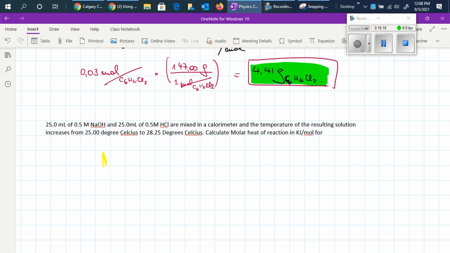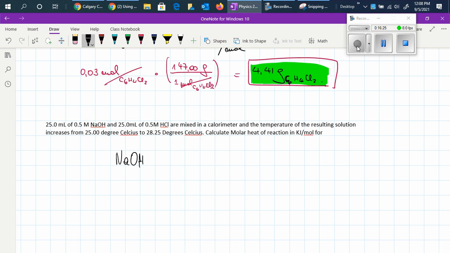So sodium hydroxide in aqueous solution reacts with hydrochloric acid in aqueous solution to produce water and salt, in this case sodium chloride as an aqueous solution. Now, this is a balanced equation because we have one sodium, one oxygen, 2 hydrogen, and 1 chlorine. So this is a balanced equation.